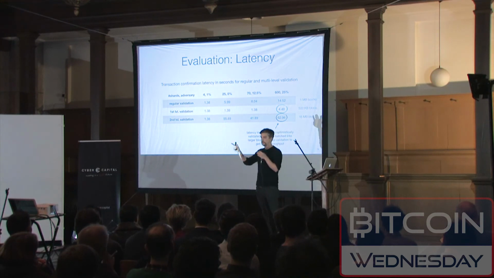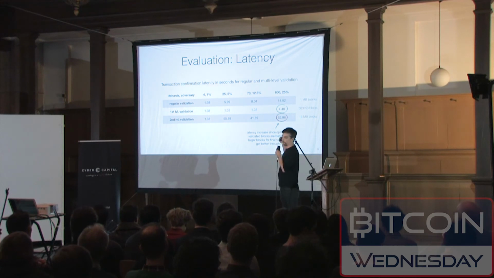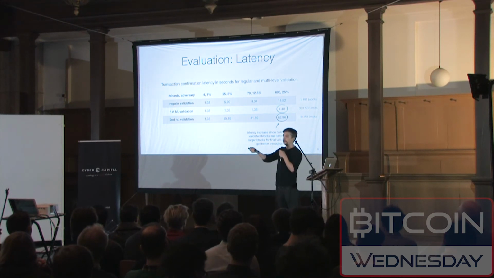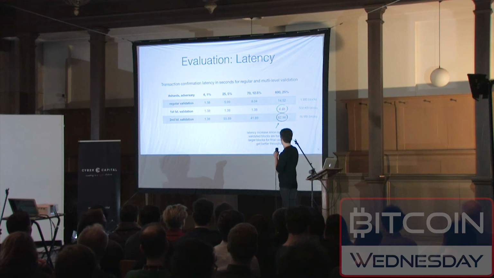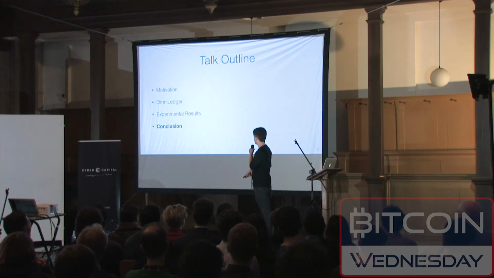As I mentioned, the first level blocks are just 500 kilobytes, so you can verify and validate them very quickly and confirm them very quickly, whereas the second level validation blocks that go into the blockchain are 16 megabytes to get a good throughput.